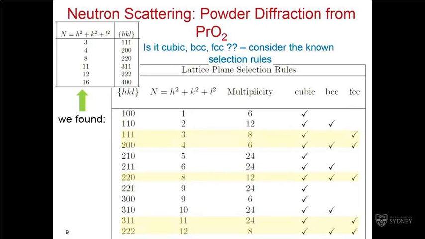I've forgotten briefly. Let me check. For BCC, we only get an intensity when... Come on, somebody must remember. When what? All even or all odd? Or all even, yeah? Good. So HKL must be all even.